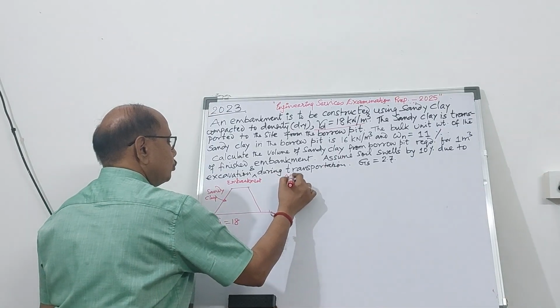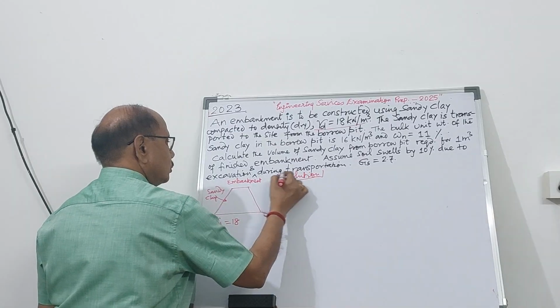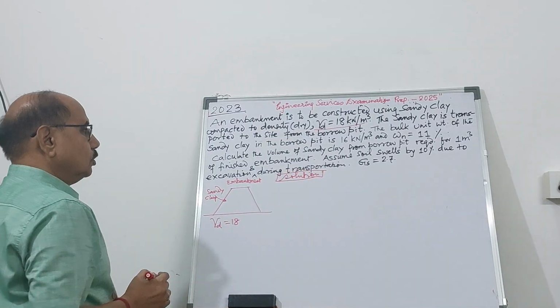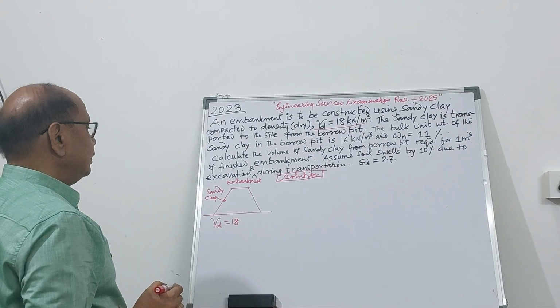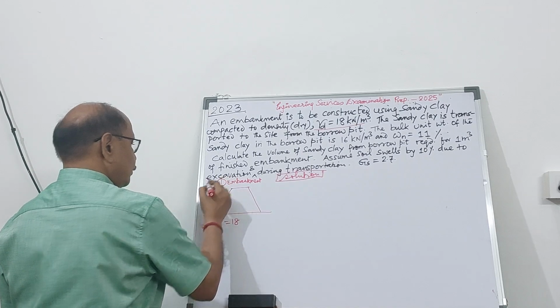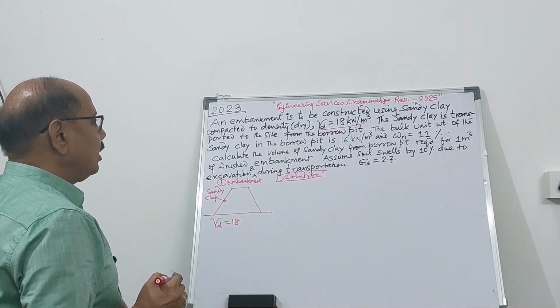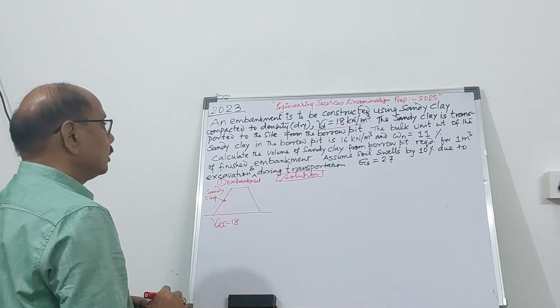So let's see the solution. Gamma D is given to you, and this is the first part, so we can say gamma D1.